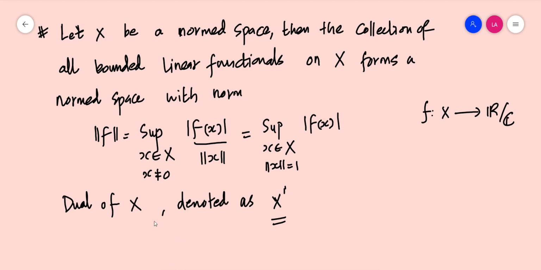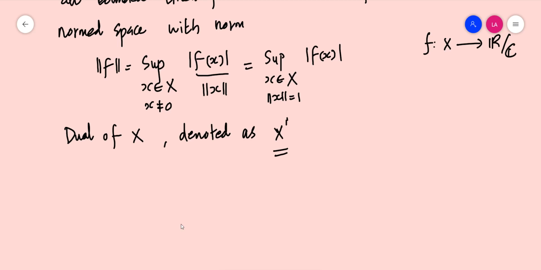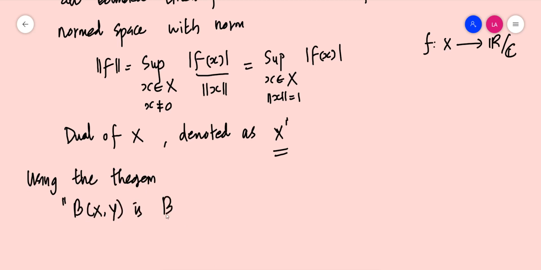And using the previous theorem, which states that B of XY is Banach whenever Y is Banach, we can easily state that the dual space is actually a Banach space.